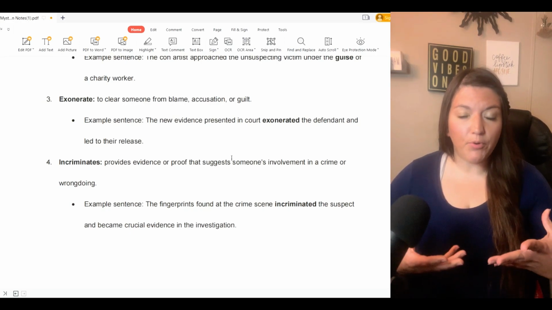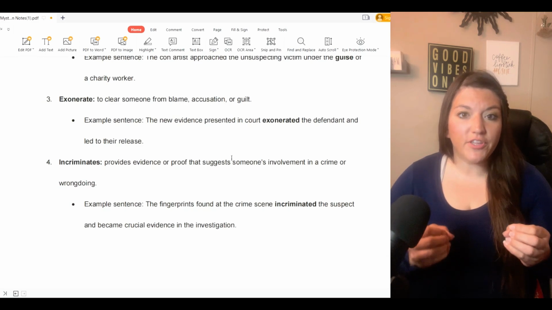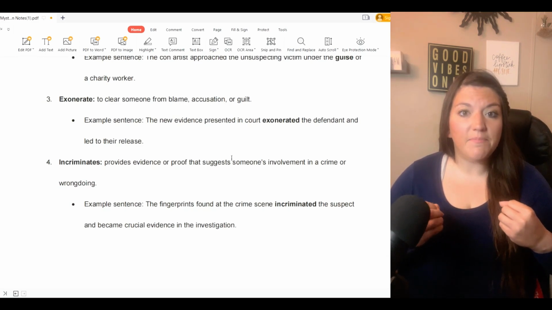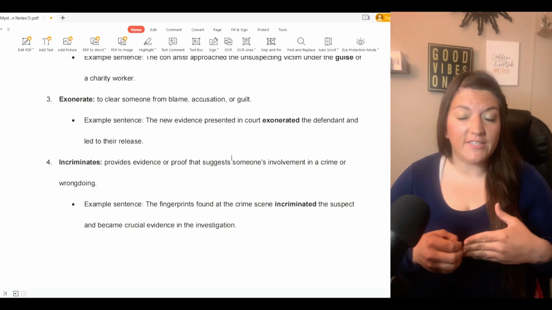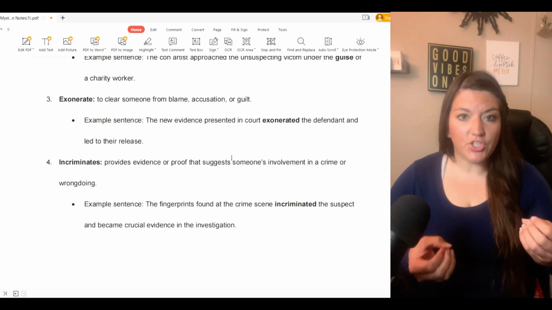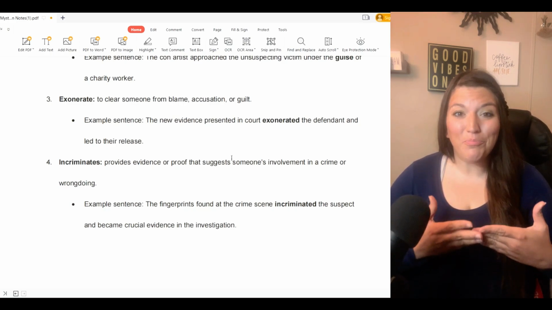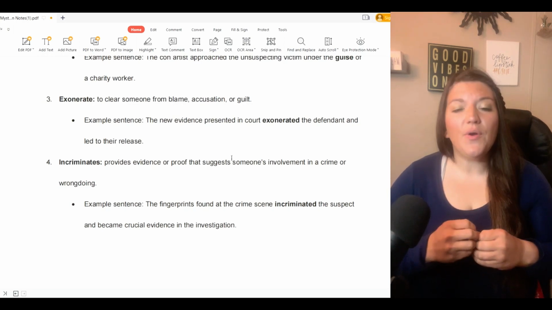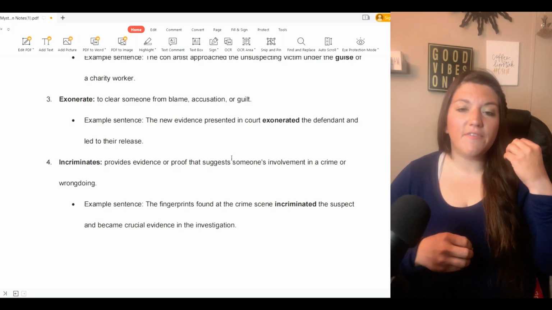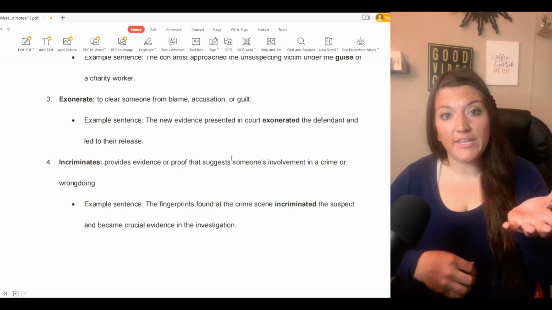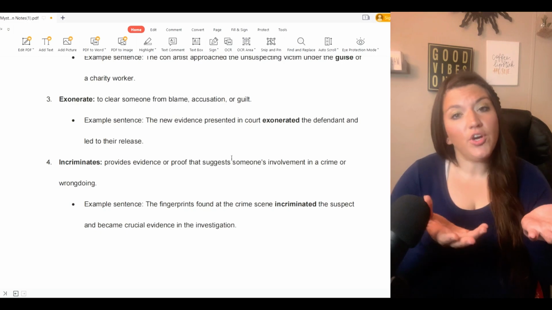So, for example, the fingerprints found at the crime scene incriminated the suspect and became crucial evidence in the investigation. So, if something incriminates you, it makes people believe that you did it. So when you're working through this mystery, you have to figure out if you are going to exonerate someone, or if a fact exonerates them, or if a fact incriminates them.